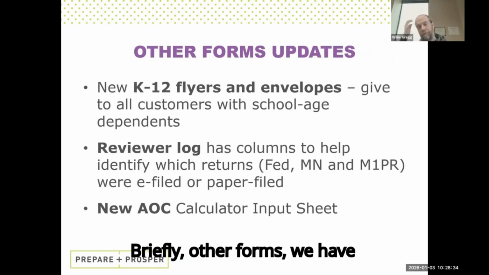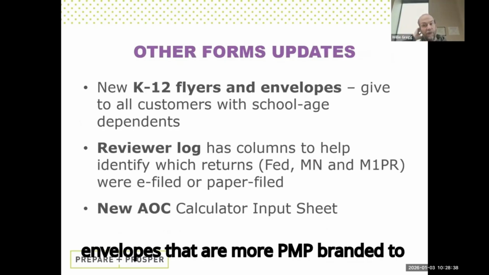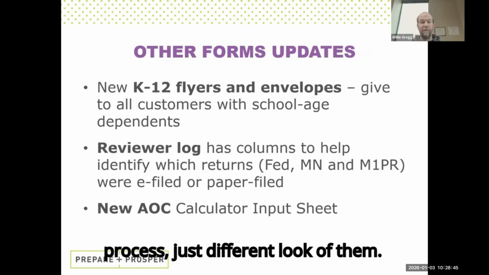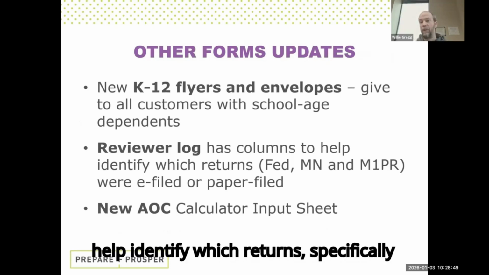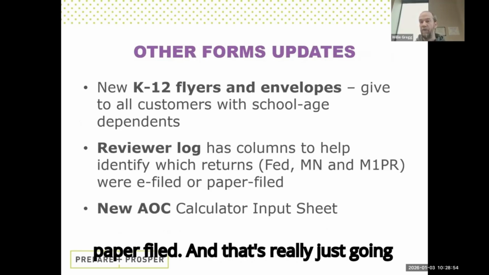Briefly, other forms: we have some new K-12 flyers and envelopes that are more P&P branded to give to people. It's the same process, just a different look. The reviewer log has some new columns to help identify which returns, specifically federal, Minnesota, and M1PR, were e-filed or paper filed.